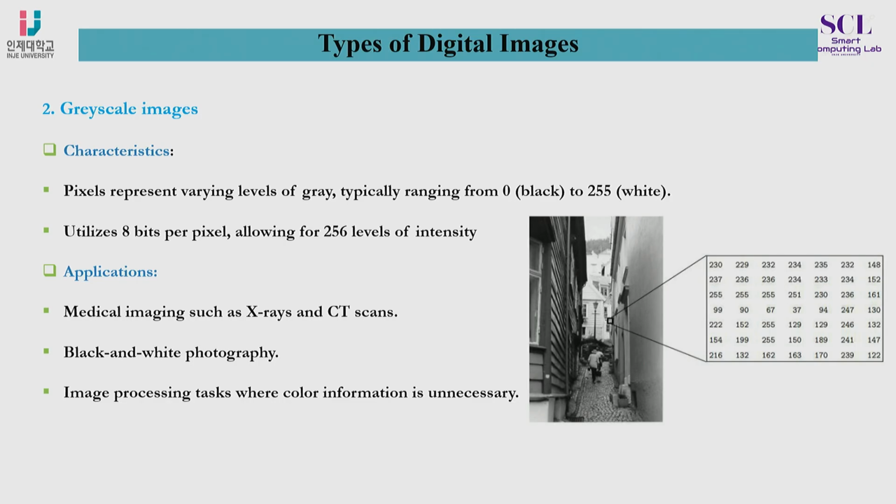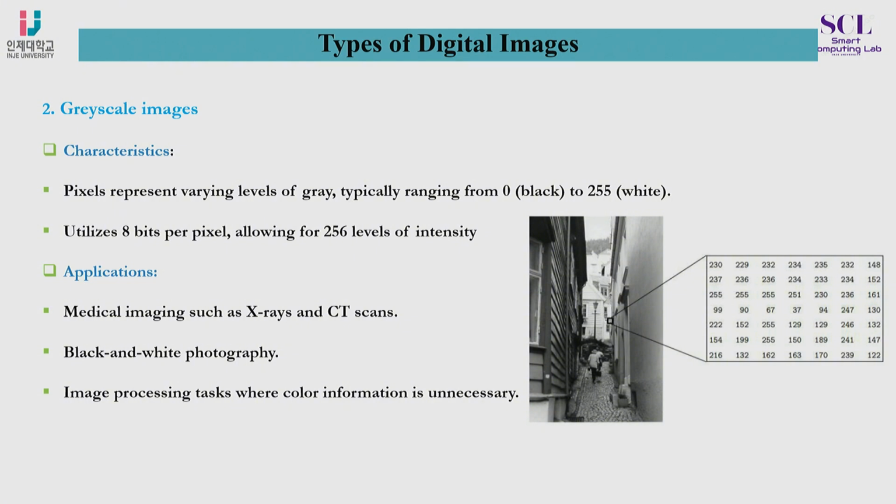The applications of grayscale images are mostly in X-ray images and CT scans, in order to differentiate the fracture area in your body, or to find the tumor area in any part of the body, and also in black and white photography and image processing tasks where color information is unnecessary.